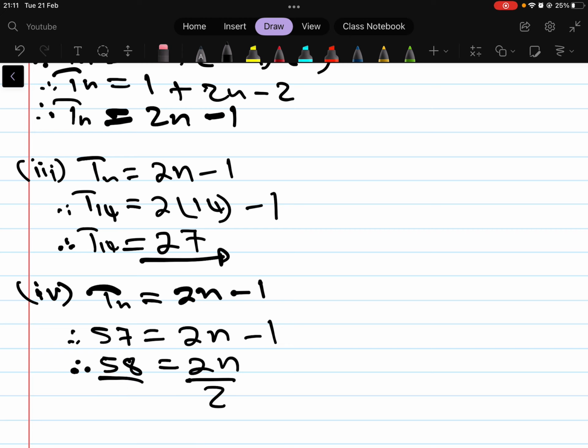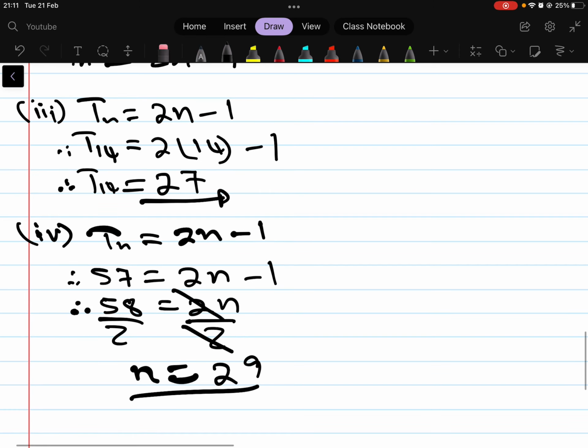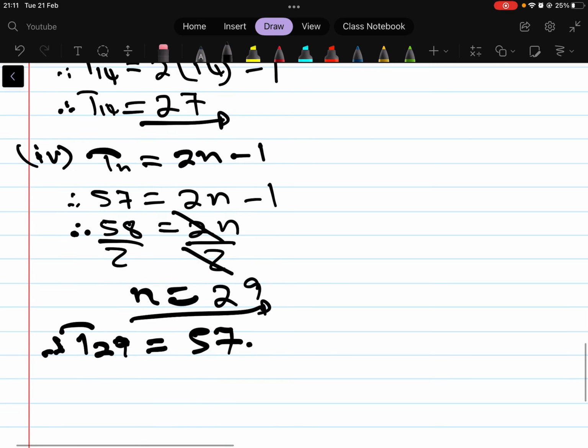Now we just need to divide by 2 on both sides, then we're left with n equals 58 divided by 2. What is 58 divided by 2? That is 29. Therefore term number 29 is actually 57. Then we answered the question, we are done, we can move on with life.